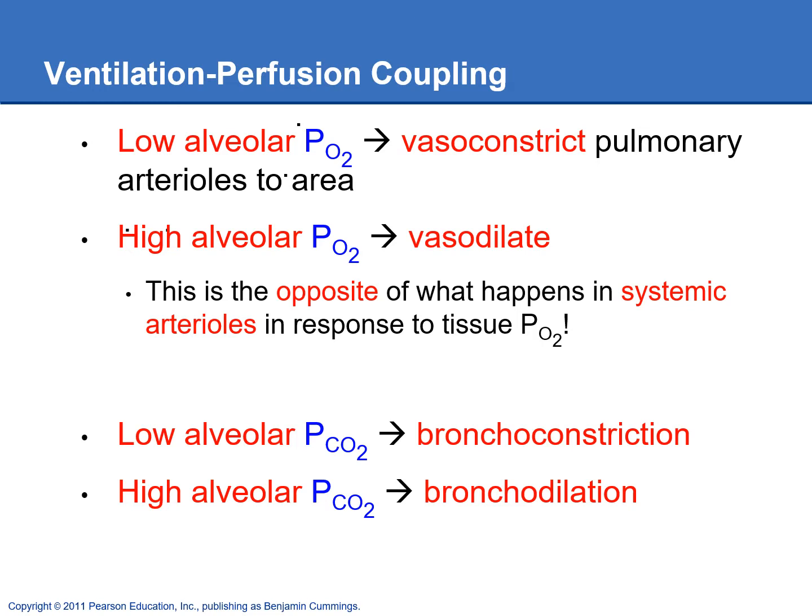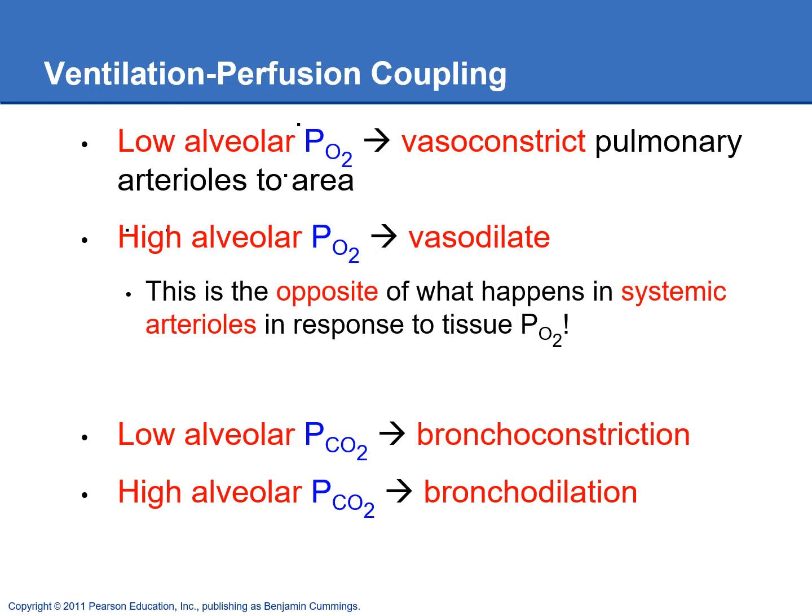We might as well vasoconstrict, not go there, and let's take the blood somewhere else where there is more oxygen to pick up. If the alveolar partial pressure of oxygen is high, then the blood vessels will vasodilate. And that's because the body sees that there's lots of oxygen there to pick up, so let's vasodilate and bring more blood into that alveolus, and then we can pick up more of that oxygen.